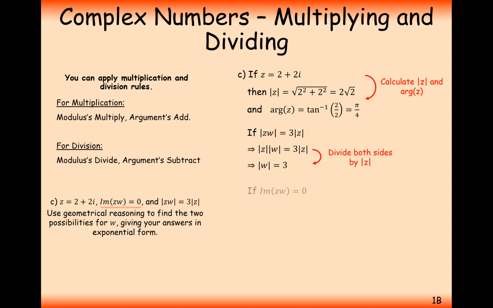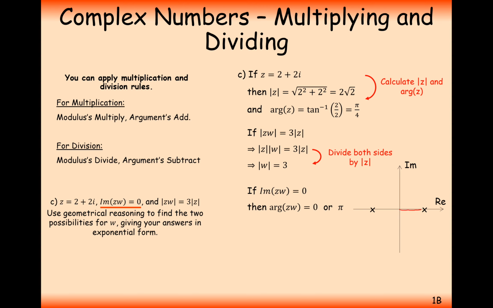And then going to the middle bit of information, if the imaginary part of zw is 0, then the argument of zw is either going to be 0 or pi. And why is that? Well, if we look at the Argand diagram, where we've got the real axis going to the right and the imaginary axis going upwards, then if the imaginary component is 0, that means we're looking for a coordinate that doesn't go up or down by anything.